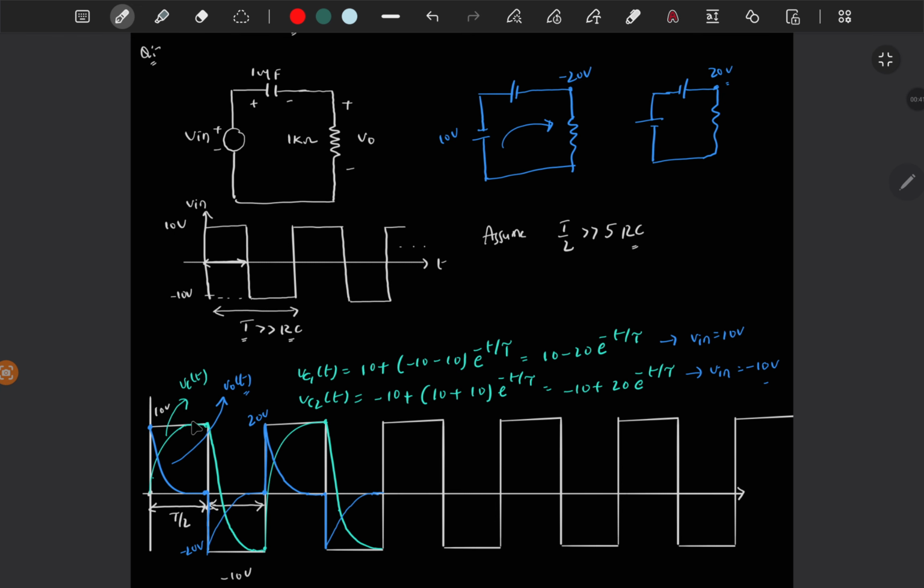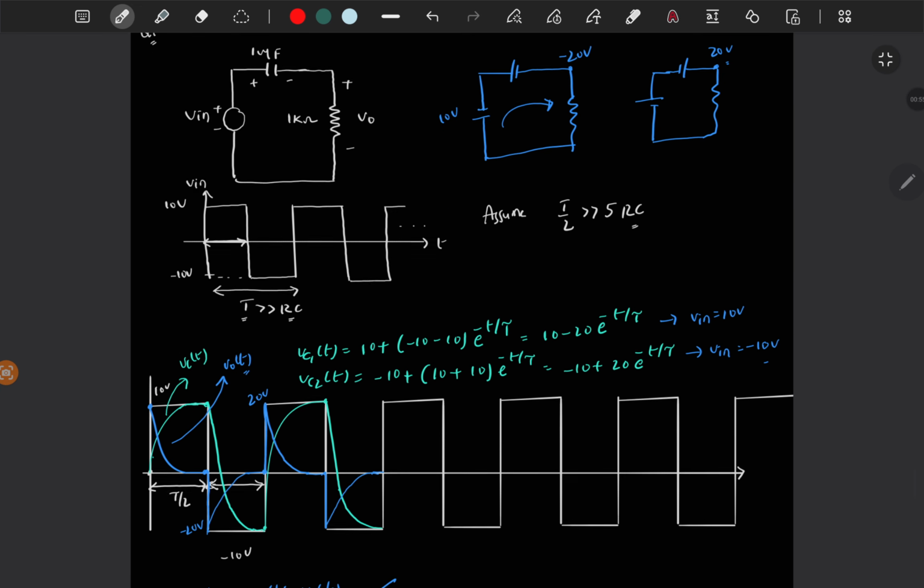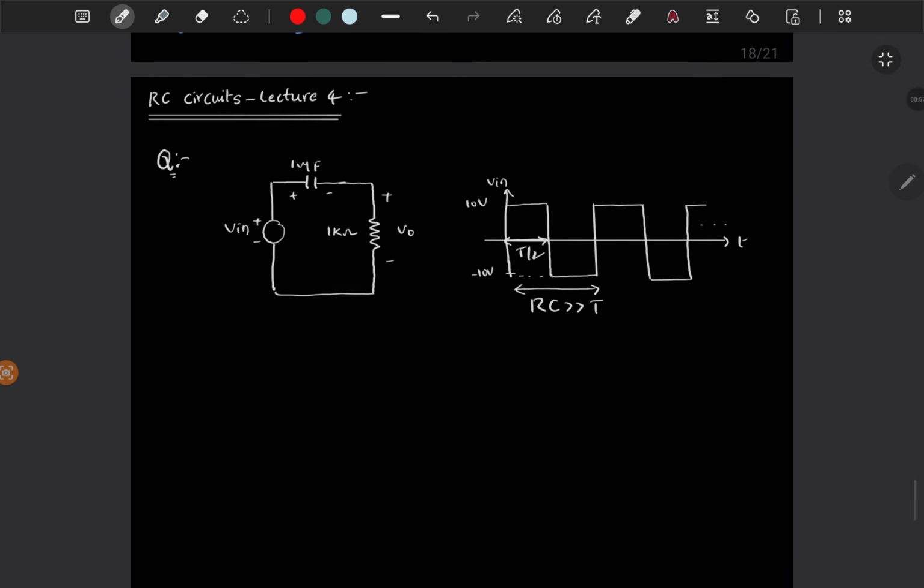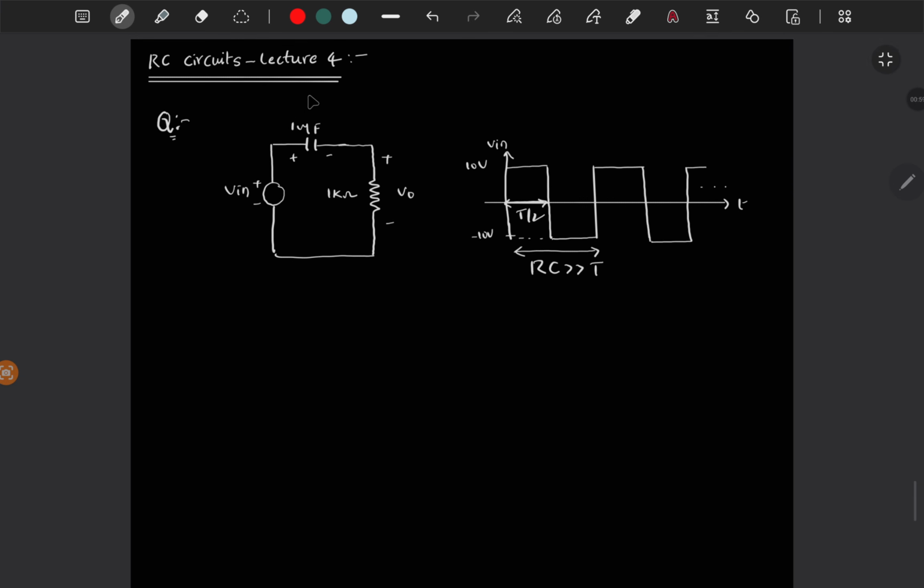So if you are at 10 volt, we are maintaining the 10 volt for as much time such that the circuit has reached steady state, and even for minus 10 volt also, and since the duty cycle is 50%.